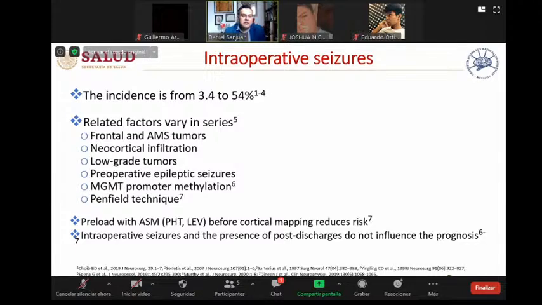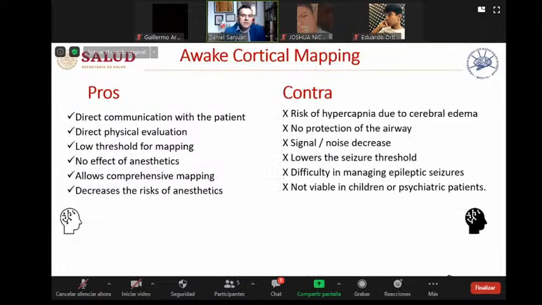And these are some of the strategies to prevent these intraoperative seizures. But it's also important to know that this kind of seizure doesn't impact the prognosis of the patient.